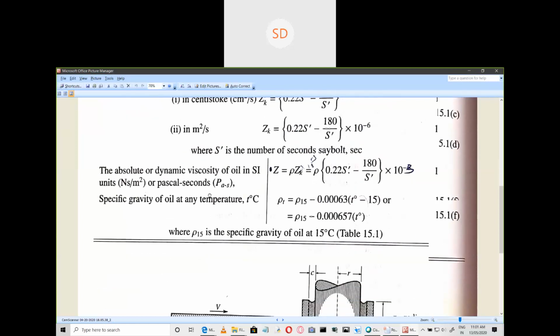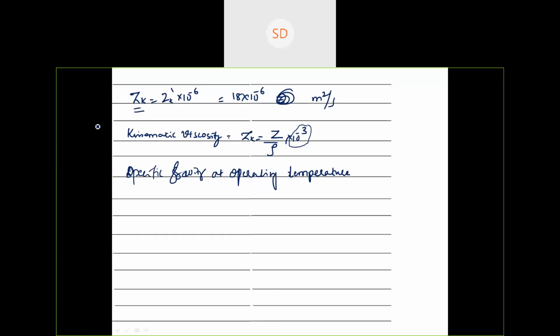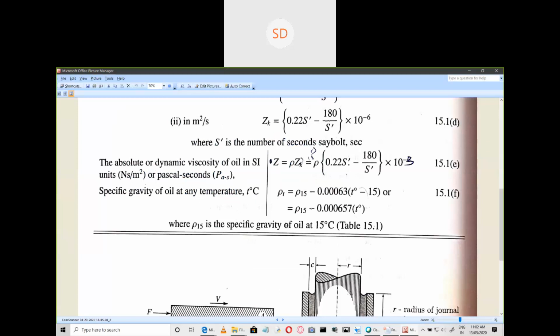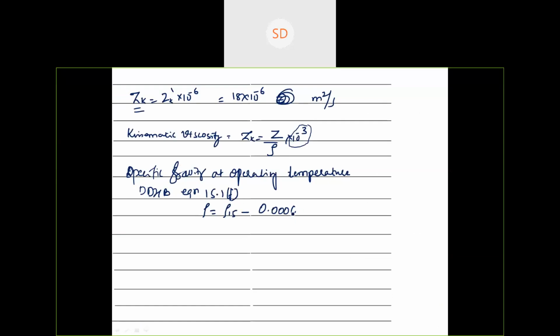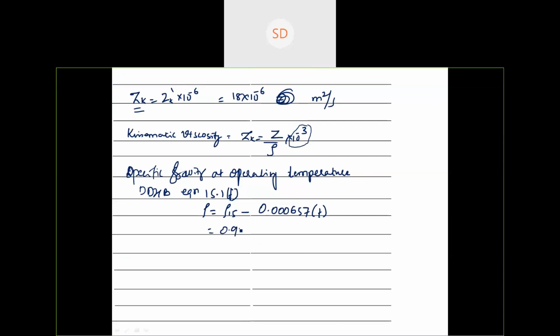So this is the equation, I think 15.1 F. Now it is rho 15 minus 0.000657 into T. Now let us substitute 0.9263 minus 0.000657 into 80.